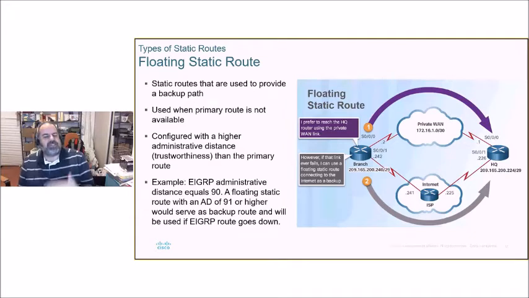Because it's less trustworthy, it's not used when EIGRP is working, but as soon as that fails, it says, oh, I've got this other way to get to that destination. I'm assuming it's probably a VPN through the internet. That is a useful use for a static route, and it will only ever be used in the case of a failure.